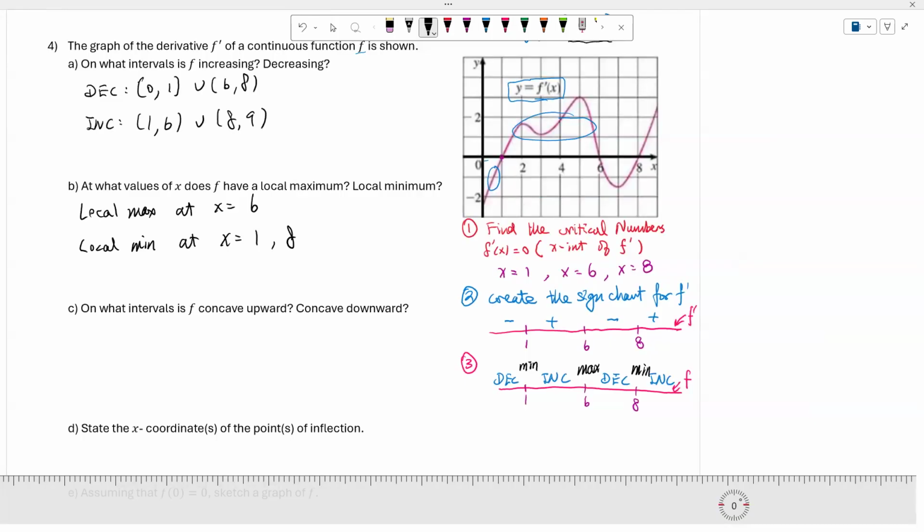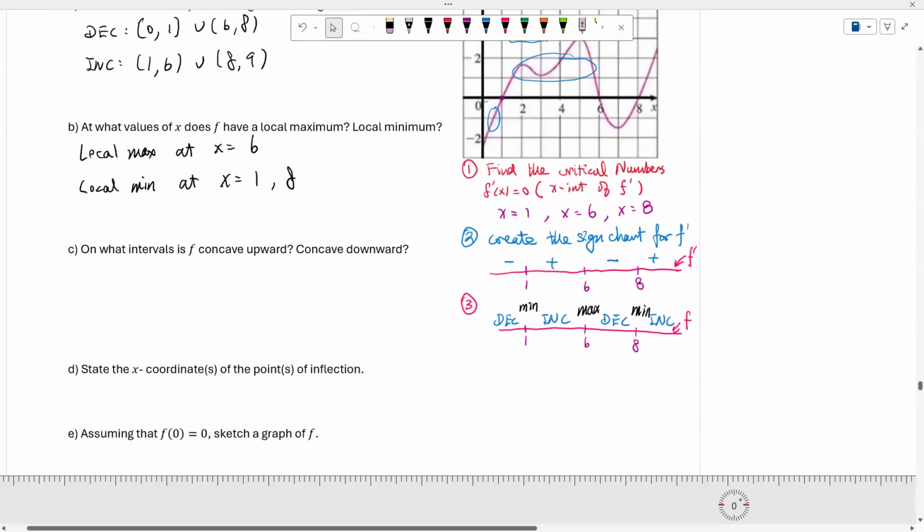Then now we are going to add more information to the graph now, which is the concavity now. Okay. So I would like to find out on what interval f is concave down or concave up. So remember when we talk about the concavity, we need to work with the second derivative, right? Okay.